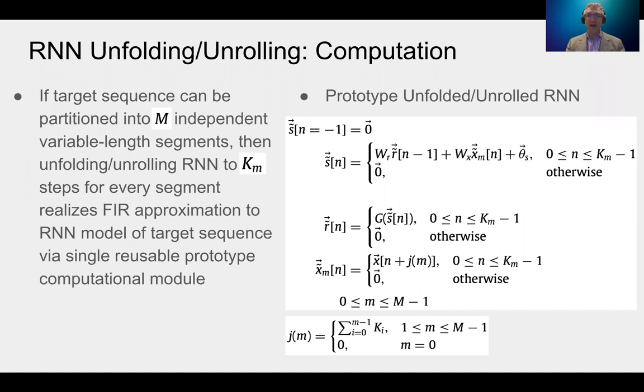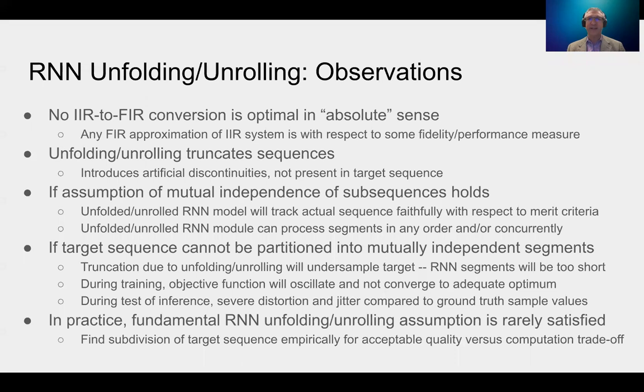In all other respects, the form and the behavior of the prototype unfolded or unrolled RNN is that of the standard recurrent neural network. Let us take a step back and make some observations about the implications of using the RNN unfolding or unrolling procedure.